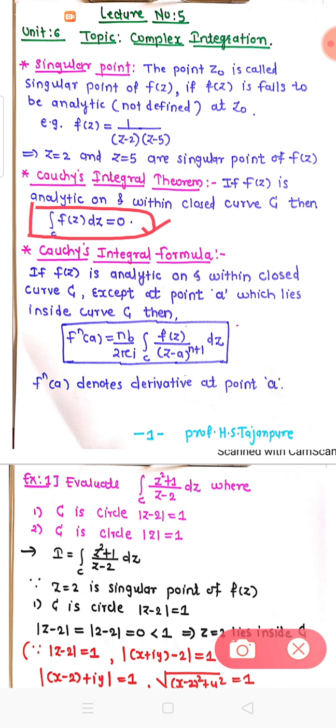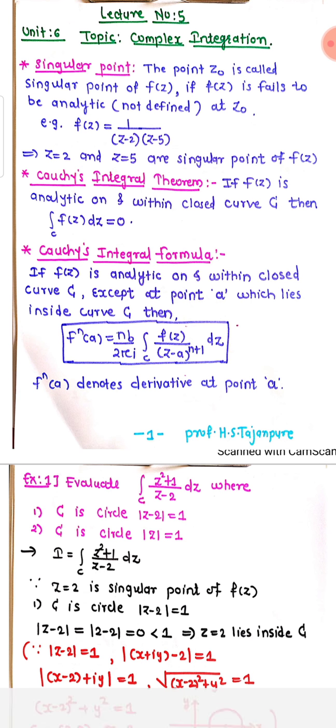Now, next is Cauchy's integral formula. If f of z is analytic on and within the closed curve C except at a point A which lies inside the curve C, then f raised to n of A is equal to n factorial upon 2 pi i, integration over the curve C of f of z upon (z minus A) raised to n plus 1, dz.